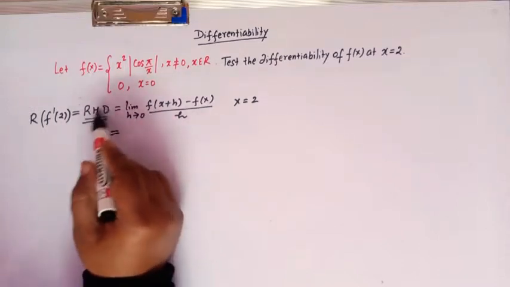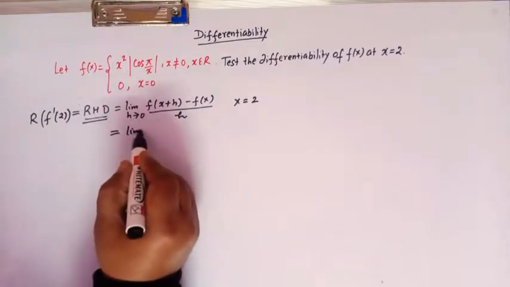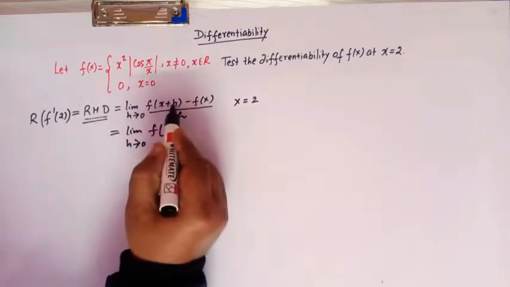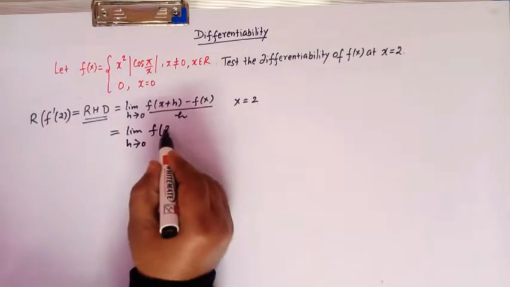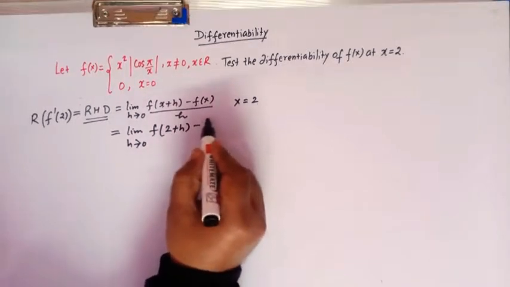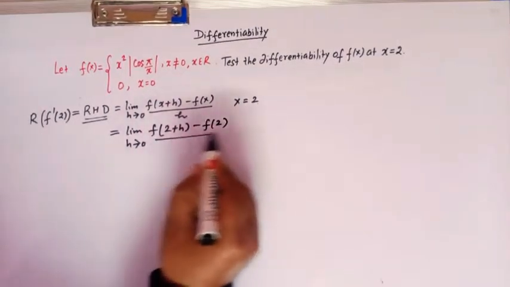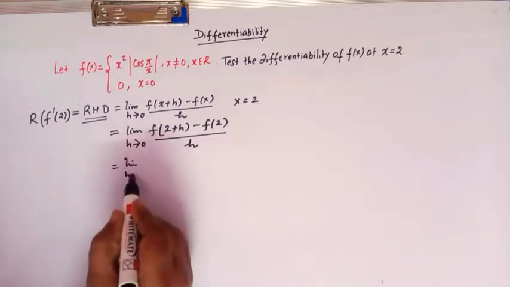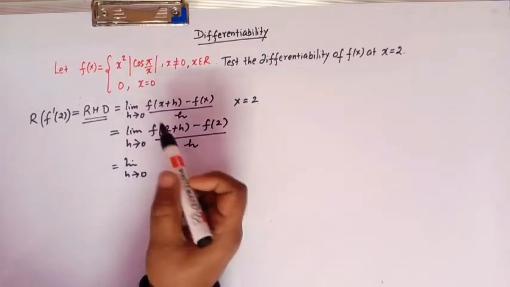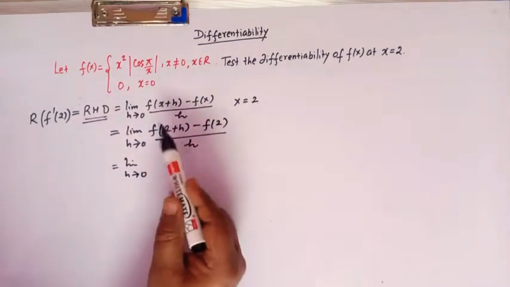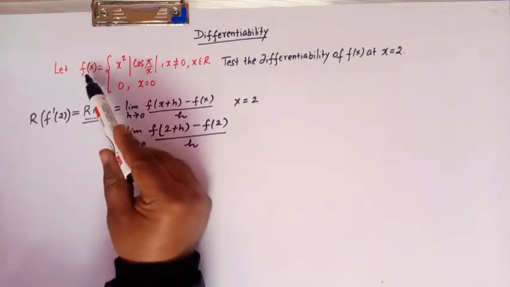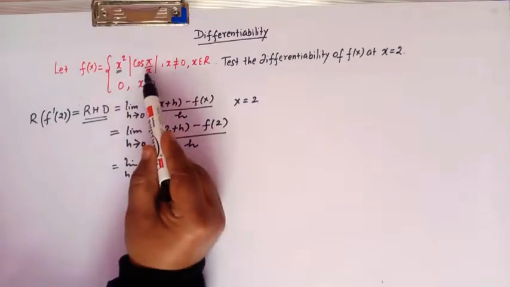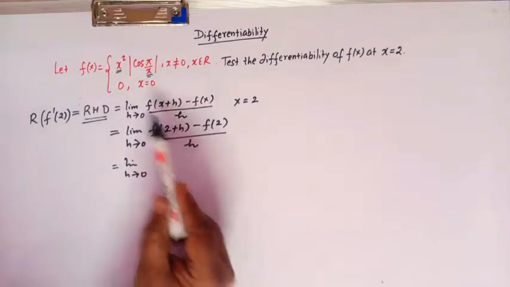So the right hand derivative is now given by the limit h tends to 0 f of x plus h. So here x is 2, so we have 2 plus h minus f of 2 divided by h, right? Now limit h tends to 0, f of 2 plus h can be written from this definition of f of x. So here we'll put x is equal to 2 plus h.